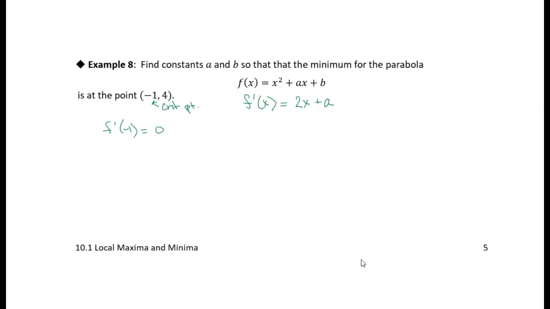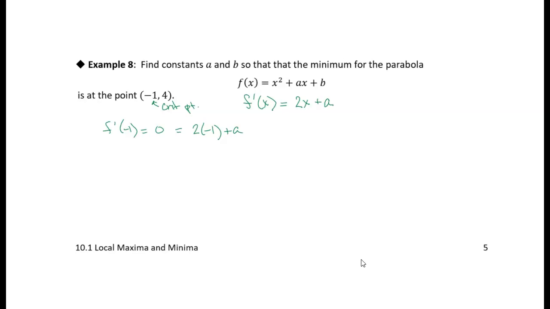Now, f prime of -1, if we just substitute -1 for x, we get 2 times -1 plus a, right? And then I want to solve for a. I want to find the a value that gives a critical point at -1.